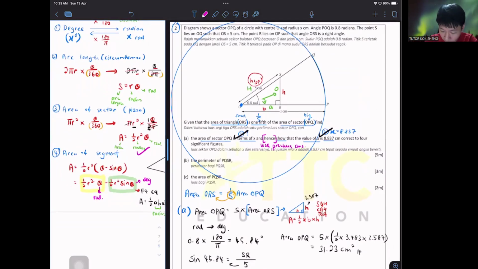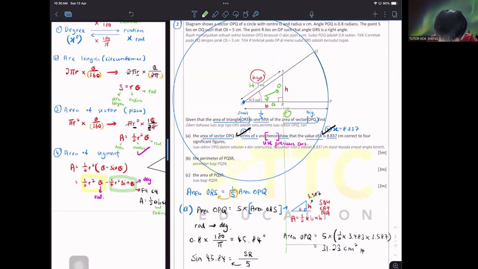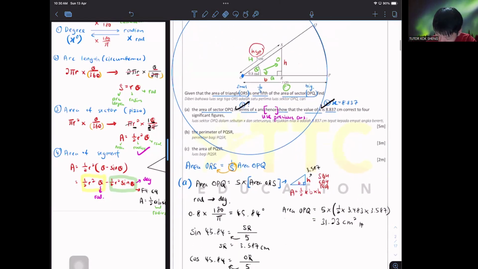Okay, we got everything already. We have the radius, which is the x, and theta, the angle, 0.8 radian. Just substitute in, you can find the x already.